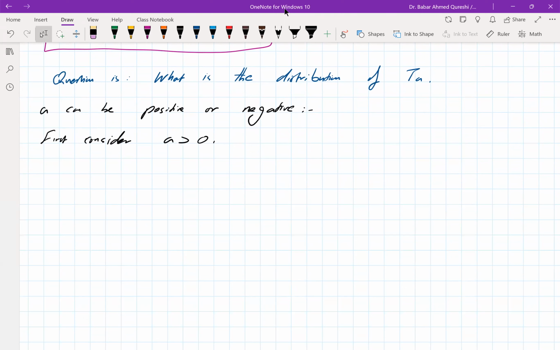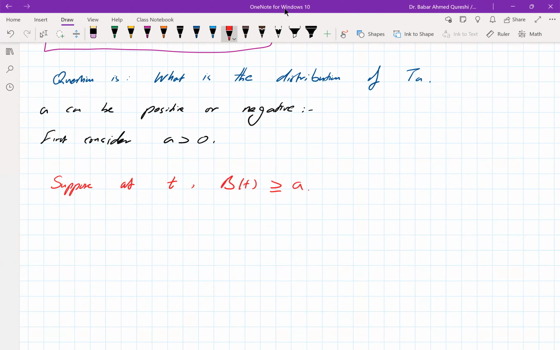Now let's start with this. Suppose at t, B(t) is greater than or equal to A.